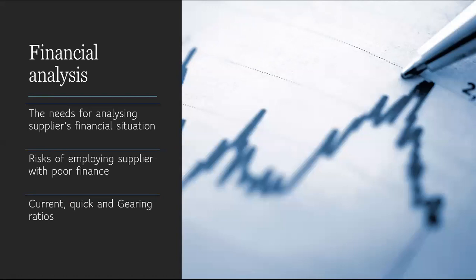And within this topic, they tend to ask about 3 subtopics. First, the need for analyzing supplier financial situation. Second, the risk of using a supplier with poor performance, with poor finance.